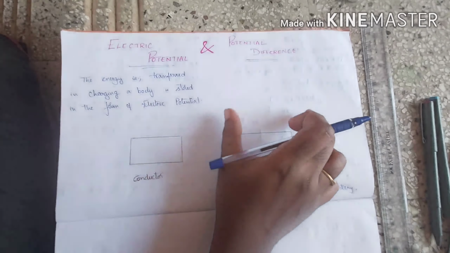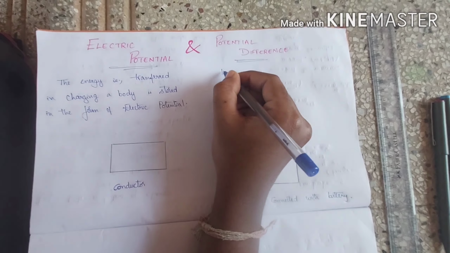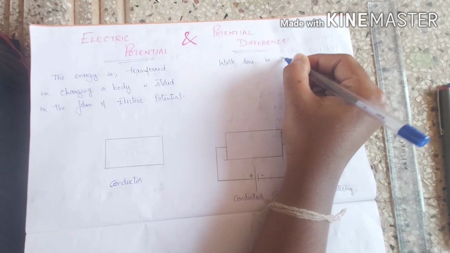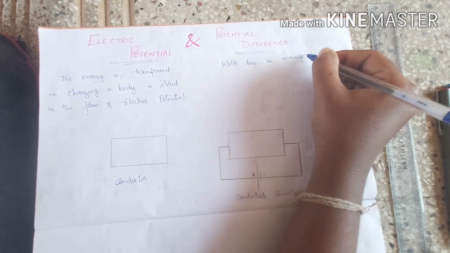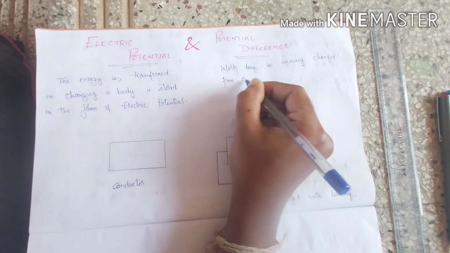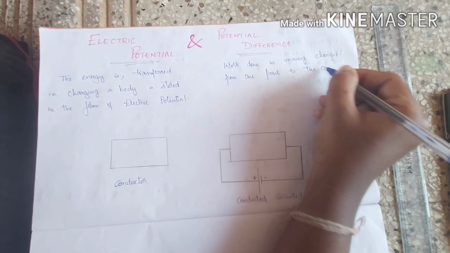From there we have potential difference. So potential difference is nothing but work done in moving charges from one point to the other.